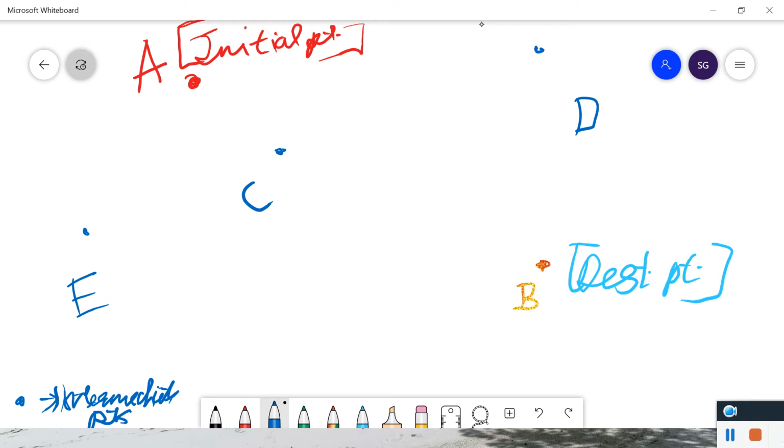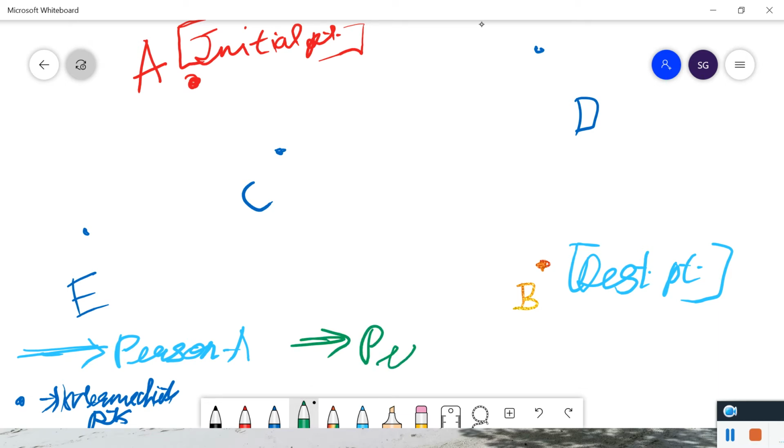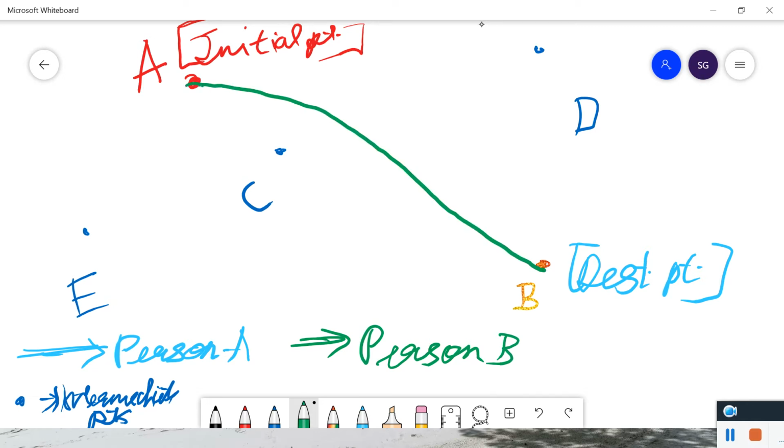I will explain this with colors. This color is person A, and this color is person B. Person B has followed this path, the shortest path.